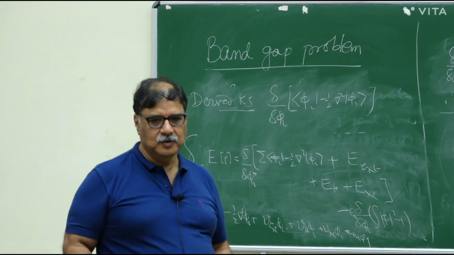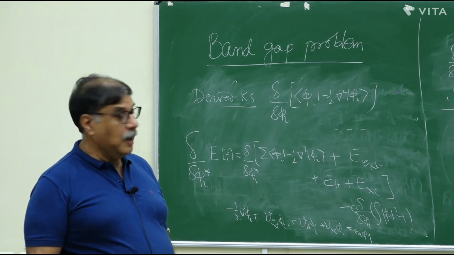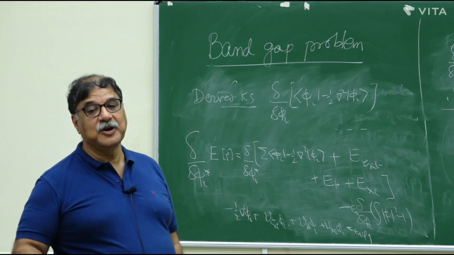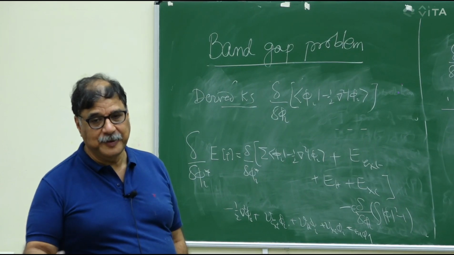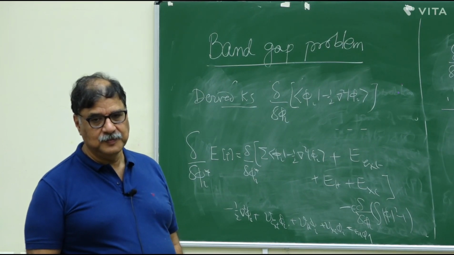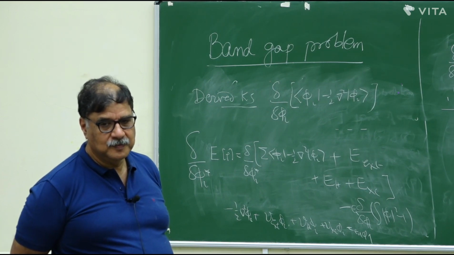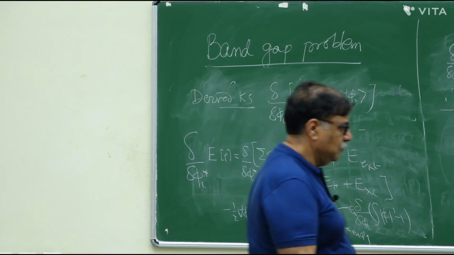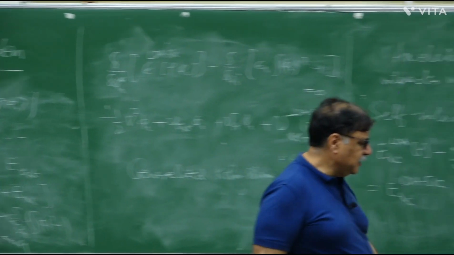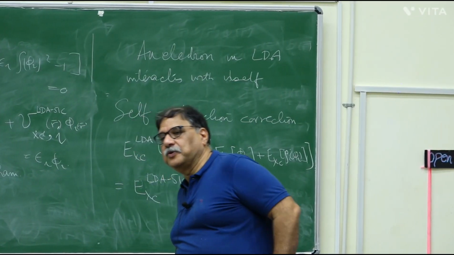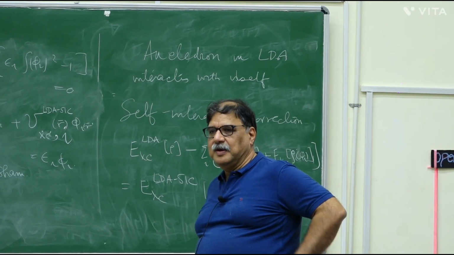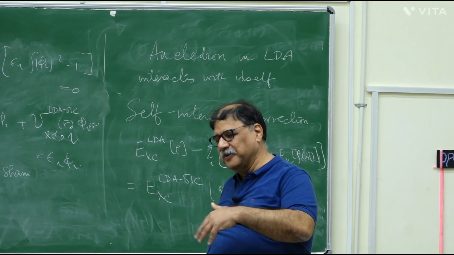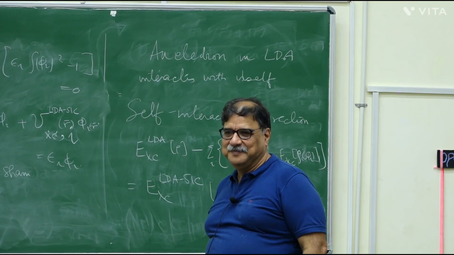I'm still calculating the density, but my functional has become i dependent now. There is an explicit dependence on the orbitals. But see, we use minimization with respect to orbitals. Yes, but this is more general than doing minimization only with respect to rho. And anyway, because phi is a function of rho, they are also related.